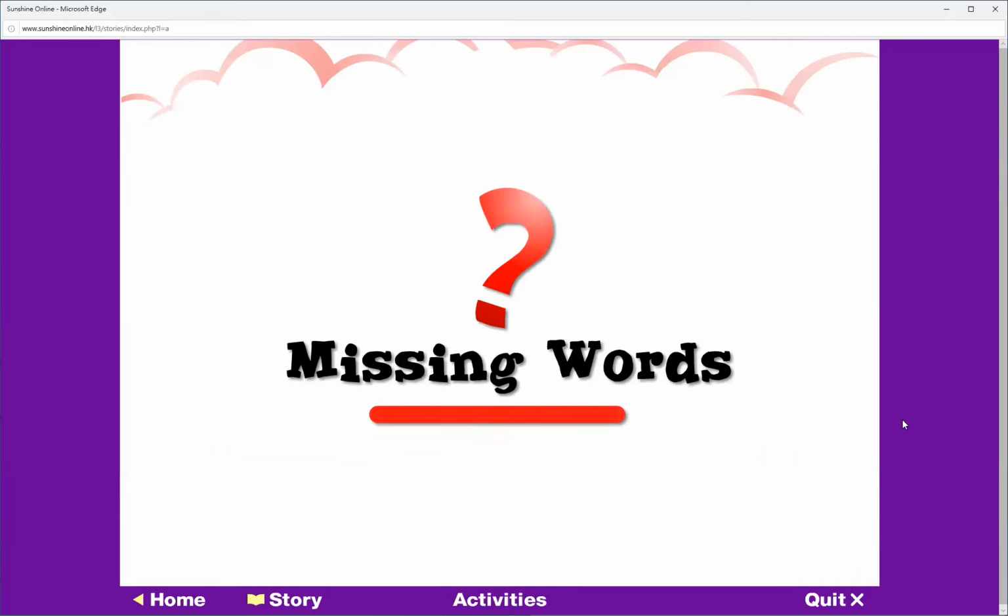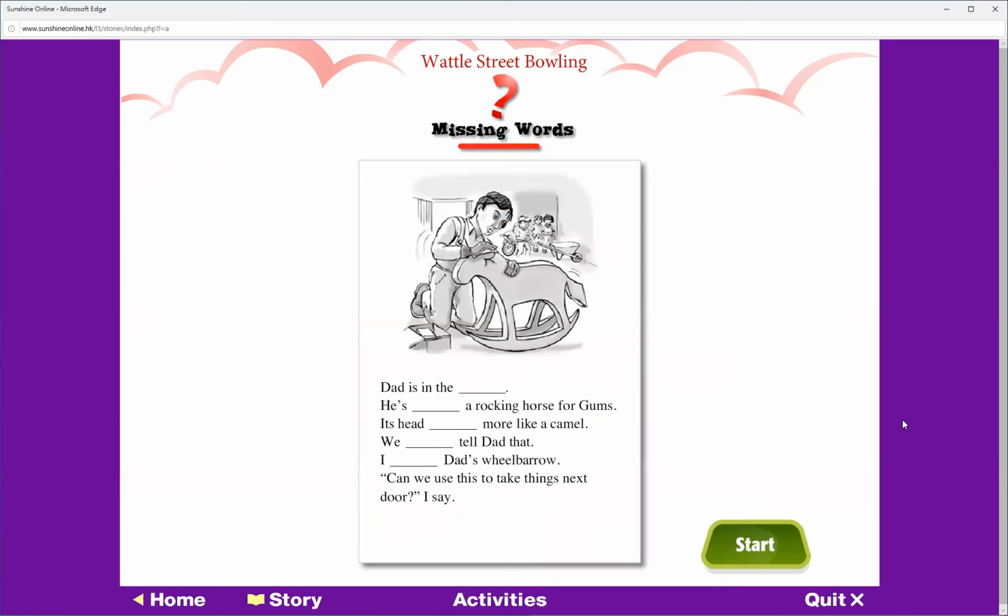Missing words. Here is a page from the book with some of the words missing. You can put them back. Click on Start. Drag the correct word into the space, then click on Check It. Fantastic. Try the next word.